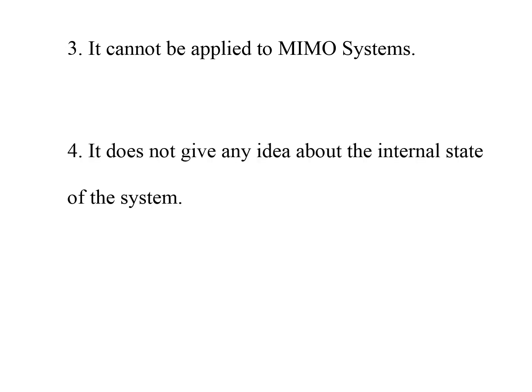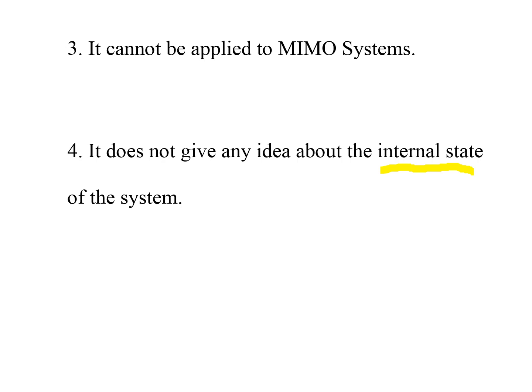The fourth one is that it does not give any idea about the internal state of the system. What is the meaning of internal state? It means which type of controller and which type of compensators we are using in a control system.